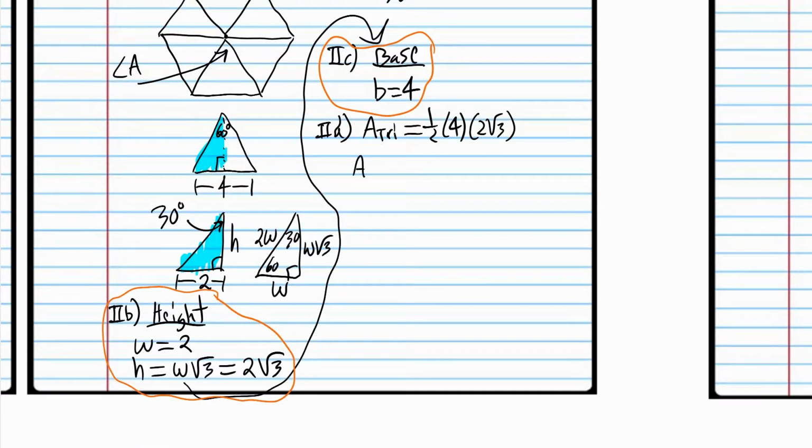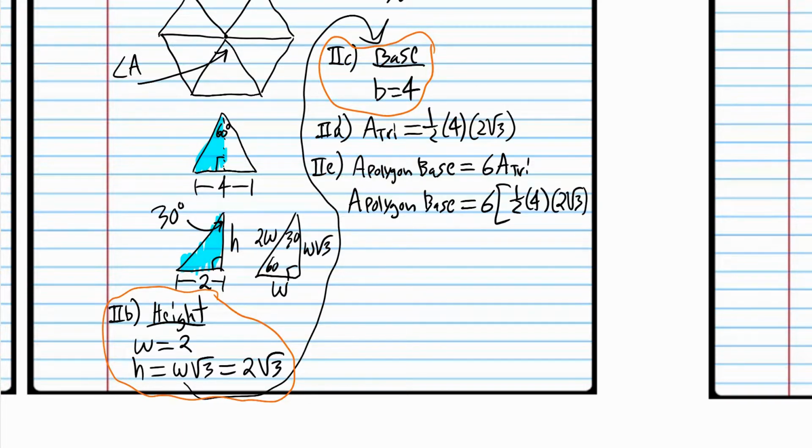And the area of the polygon base, this is step 2E, is equal to 6 times the area of one of those triangles. So area of the polygon base is equal to 6 times 1/2 times 4 times 2 root 3.